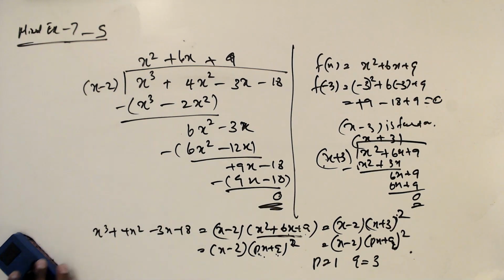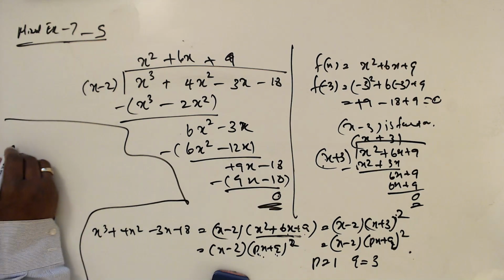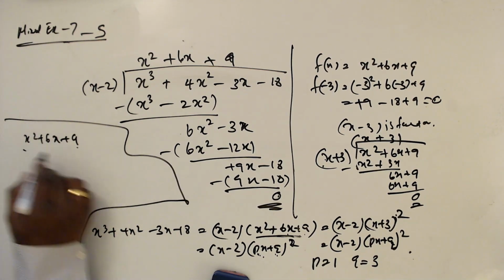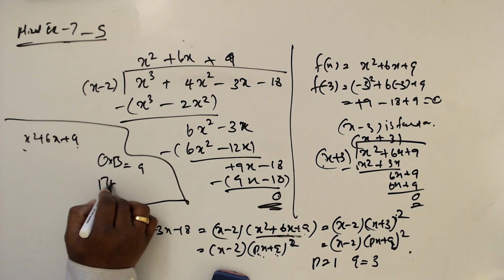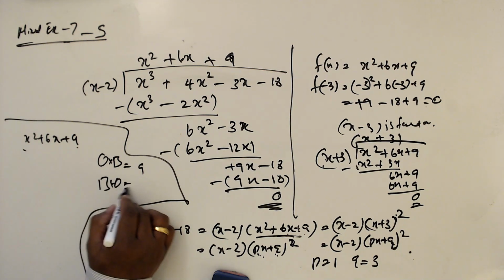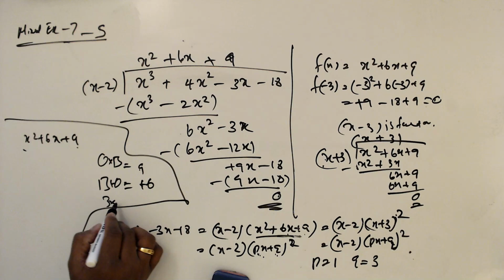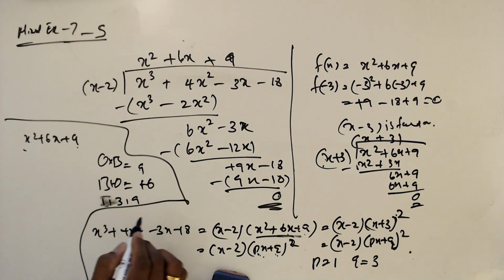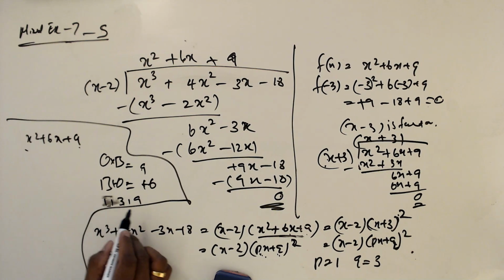Or the other method is you can simply factorize. So x square plus 6x plus 9. When you add those two numbers, you want to get plus 6, and when you multiply them, you want to get 9. You can write 9 with factors 1, 3 and 9. So this is going to be 3 times 3.